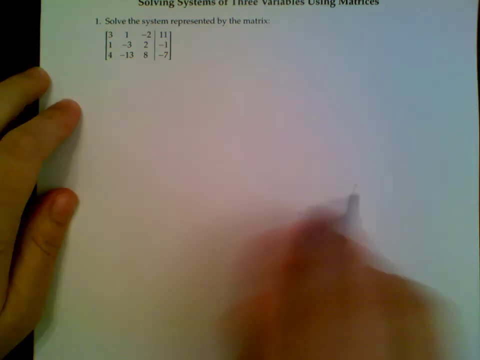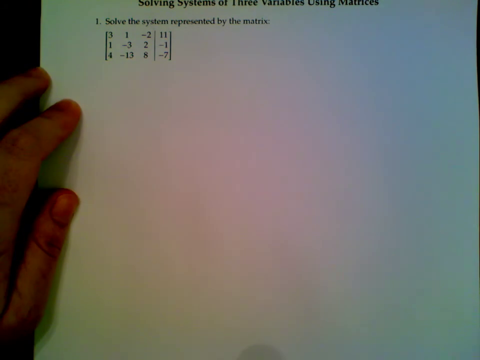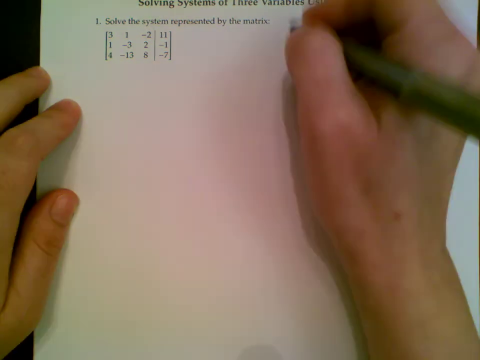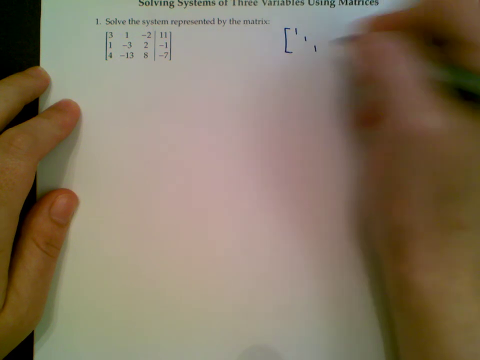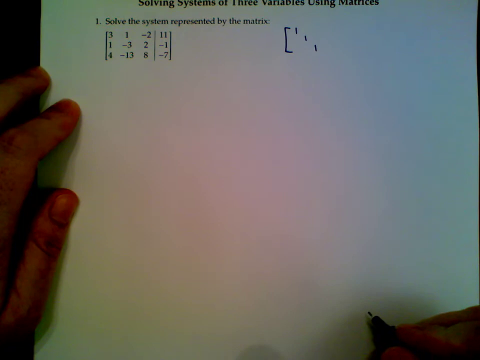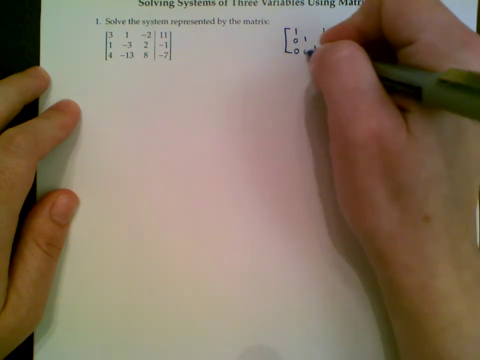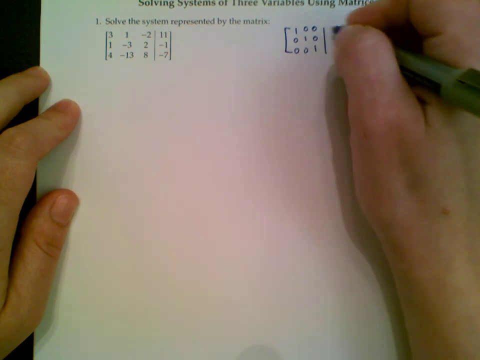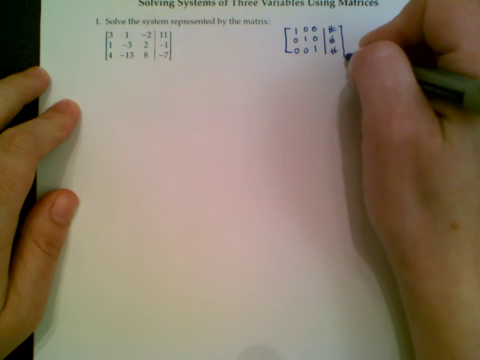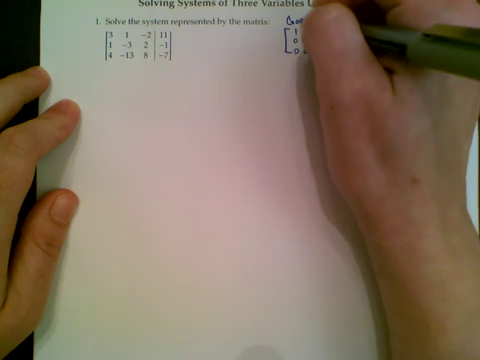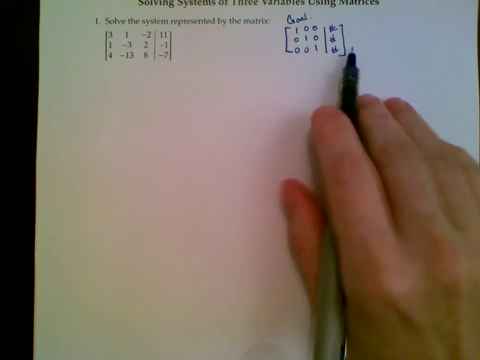So remember that we want to be working towards our goal form, which is essentially the same as it was in the last learning module. We want ones along the principal diagonal, zeros everywhere else on the coefficient side, and some column of constants on the constant side.